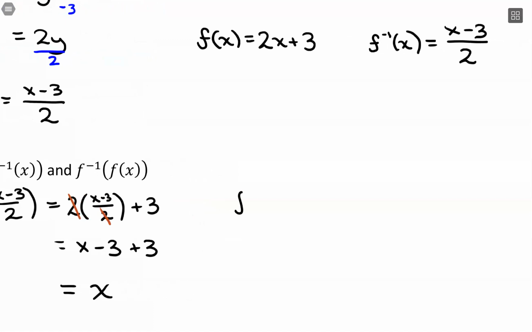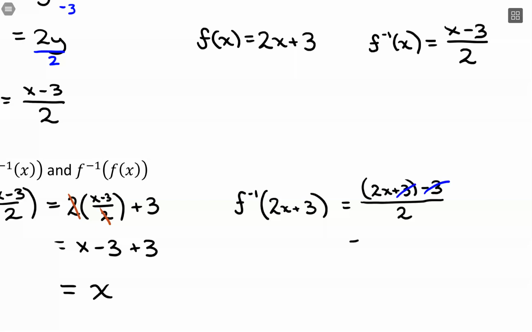And we're just going to hold on to that thought while we go to this next one. So we're taking the inverse function of f of x, which is 2x plus 3. So our inverse function tells us to take the input minus 3 and divide by 2. And what we're plugging in is 2x plus 3. Well, in the numerator, that positive 3 and negative 3, we'll simplify those down. So we'll have 2x over 2.